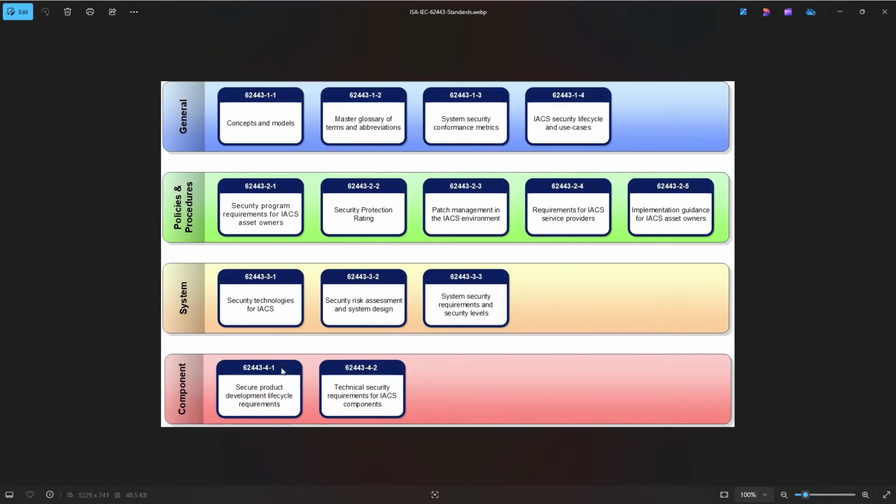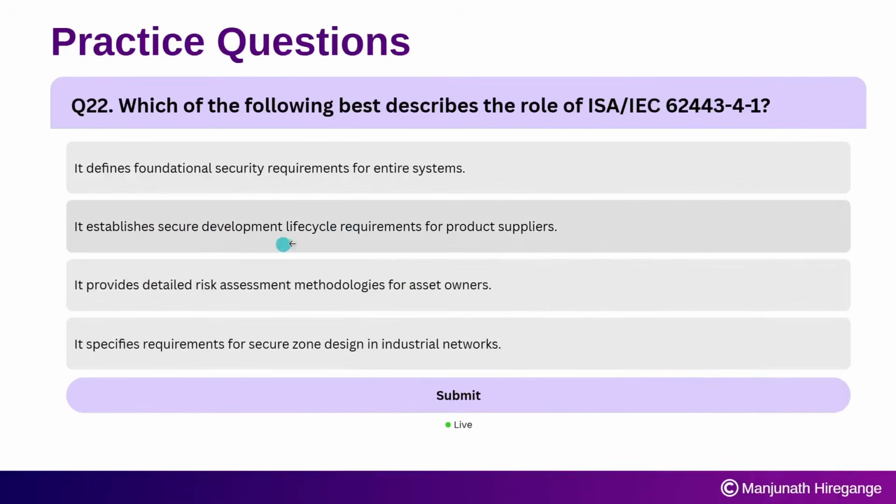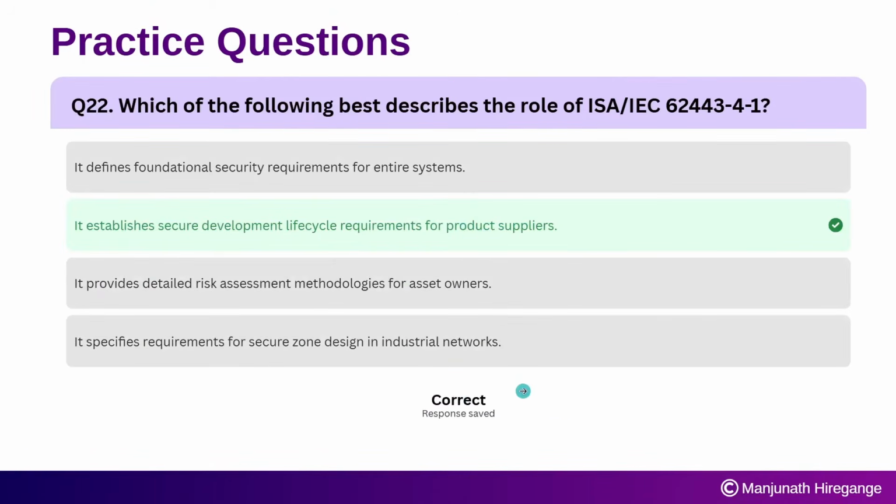So 4-1. So the right answer is secure development life cycle for the product suppliers. So this is part of 3-2. This also 3-2, and this is 2-1 also sometimes it defines, and 3-3 foundational requirements covered under 3-3.